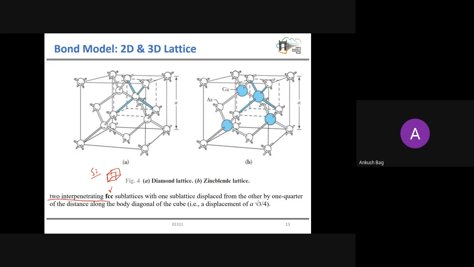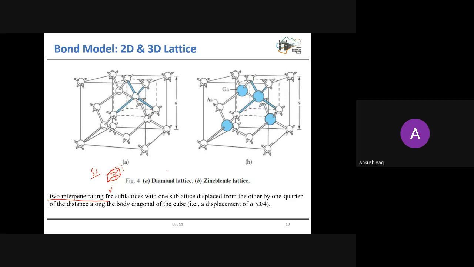It is difficult because it requires three-dimensional representation, but let's say this is one FCC lattice. Now if we go diagonally and place another FCC lattice, then we will get this kind of diamond crystal. Just remember, it is two interpenetrating FCC lattices.